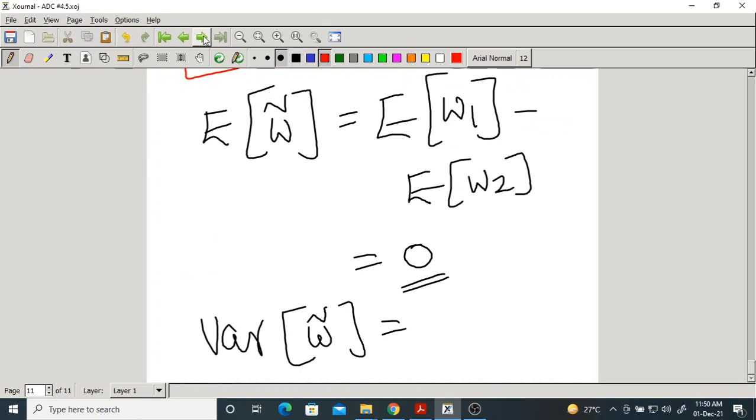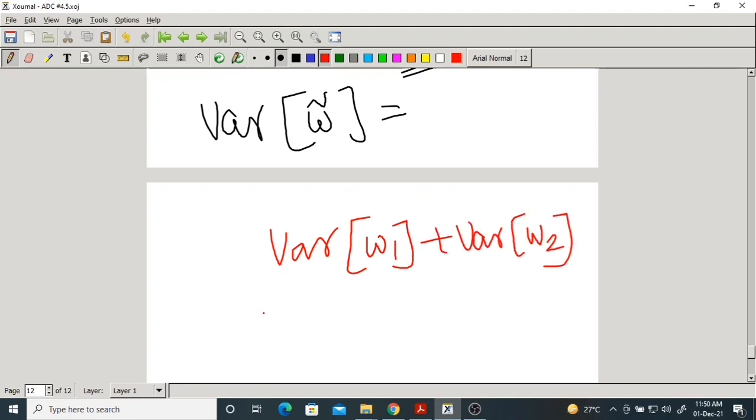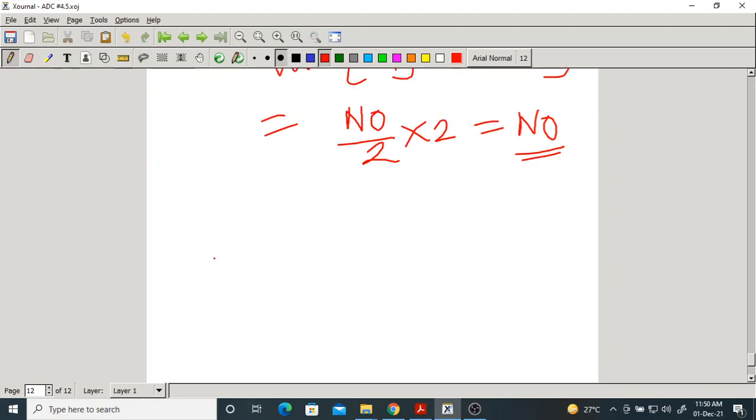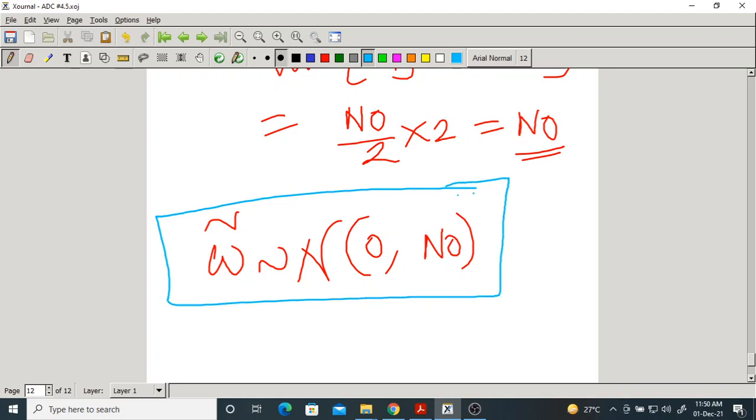They have the same variance, N0 by 2, so N0 by 2 into 2 is N0. Now W tilde is also a Gaussian random variable with mean 0 and variance N0. You make this point. Very, very, very important.